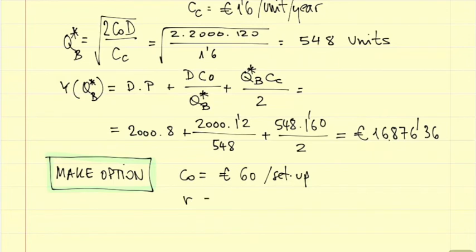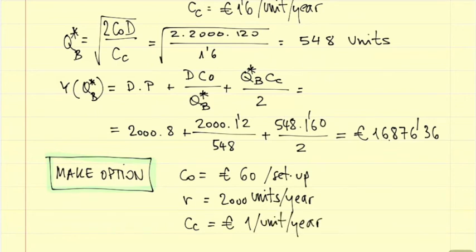R equals 2000 units per year. CC equals 1 euro per unit per year. And K equals 8000 units per year.